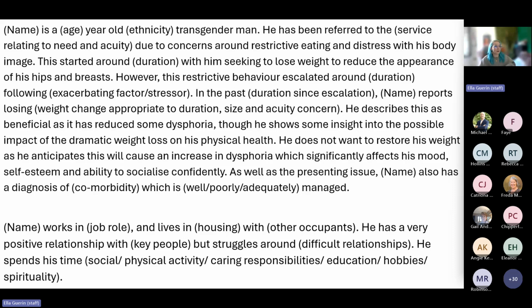Brilliant. And how will that interact with how effective our care plan goes? He does not want to restore his weight, as he anticipates this will cause an increase in dysphoria, which significantly affects his mood, self-esteem, and ability to socialize confidently. So thinking about that phrase, when we're thinking about, well, what are we going to do with our Sam?